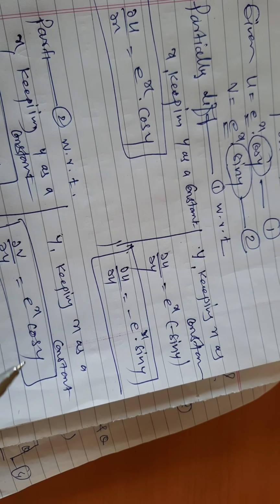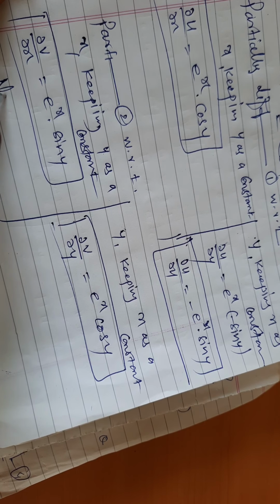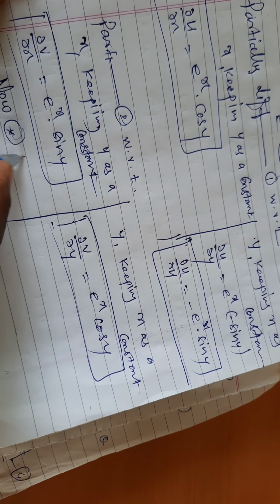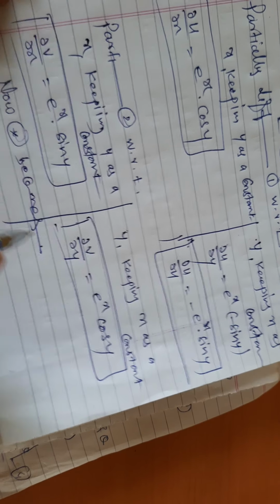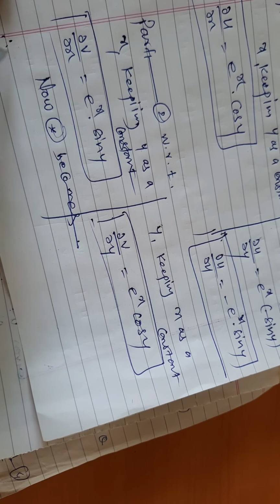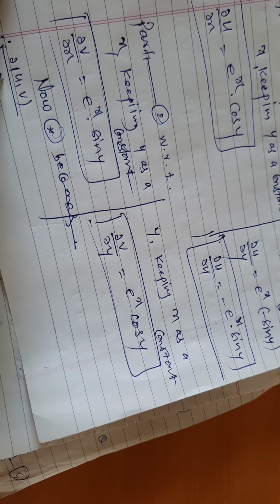Now we get 4 partial derivatives, and now star becomes the Jacobian of uv with respect to xy.